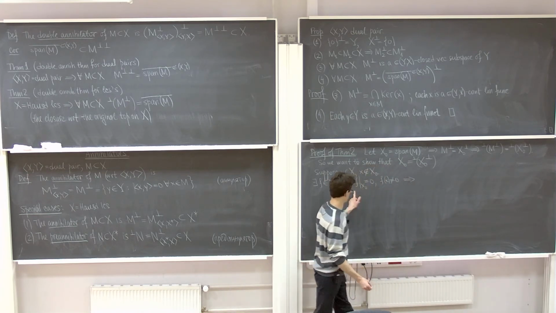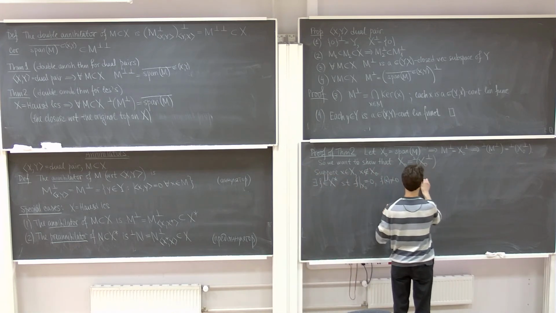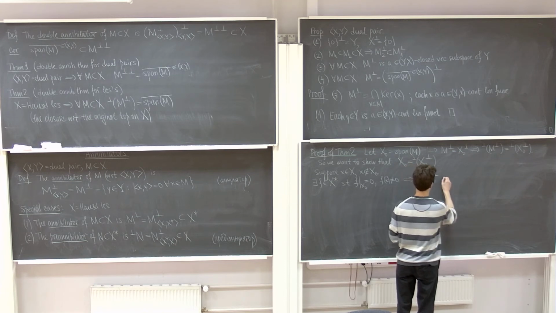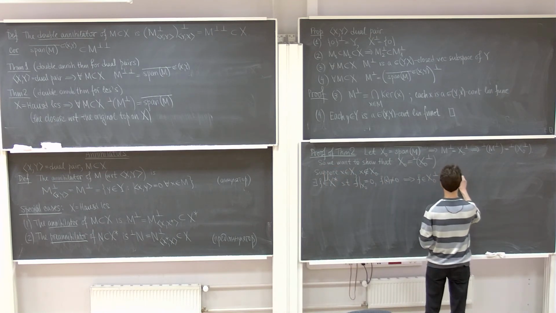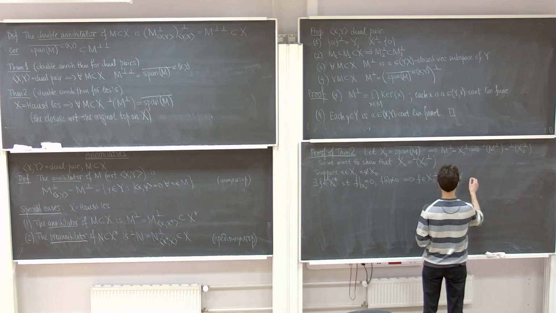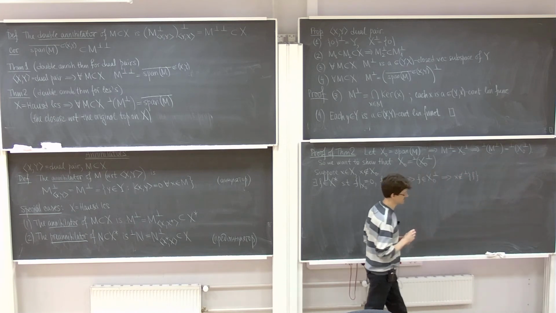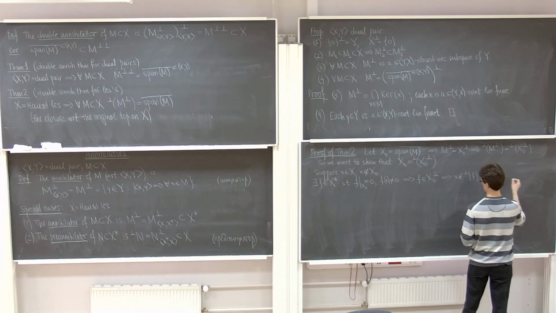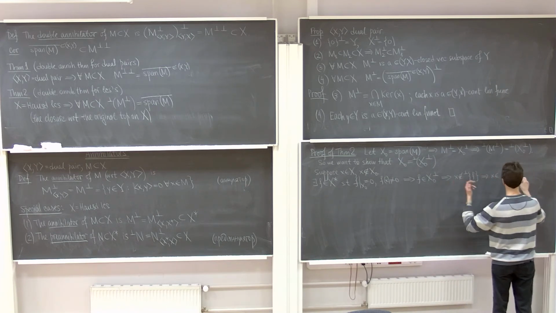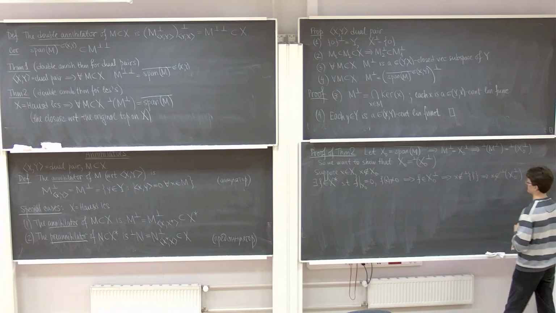Okay, so this means that f sits in the annihilator of X0. And since f doesn't vanish at little x, we conclude that x doesn't belong to the annihilator of f, more exactly, to the pre-annihilator of f. And moreover, this implies that x doesn't belong to the pre-annihilator of the annihilator of X0. And that's it.